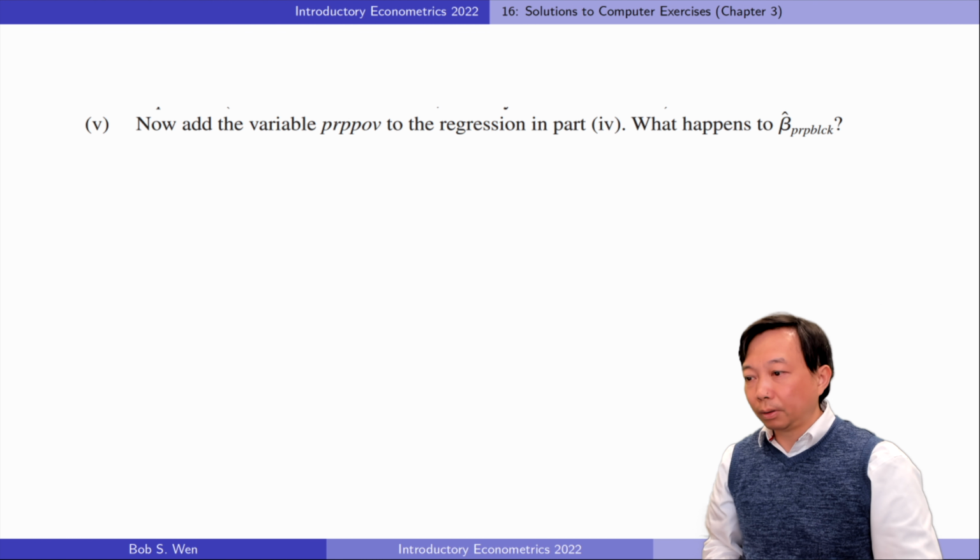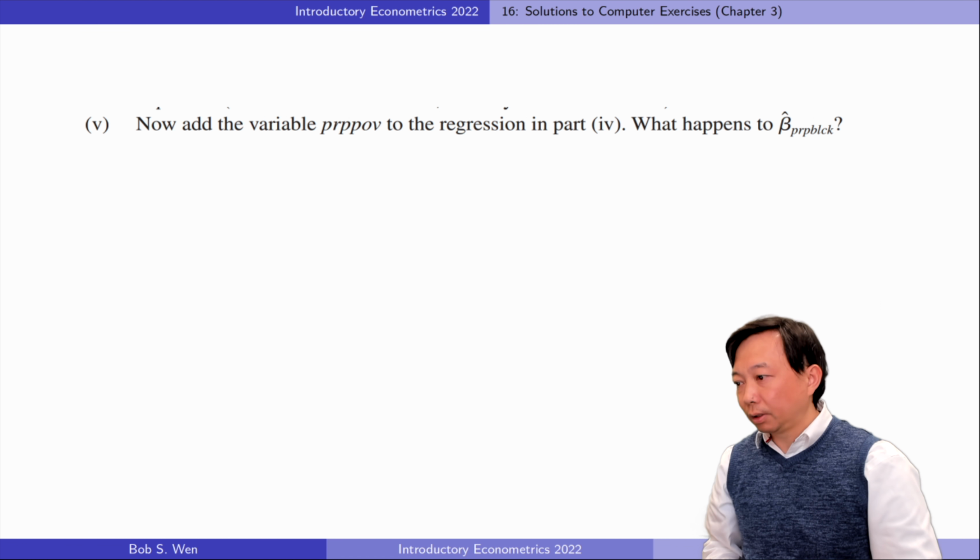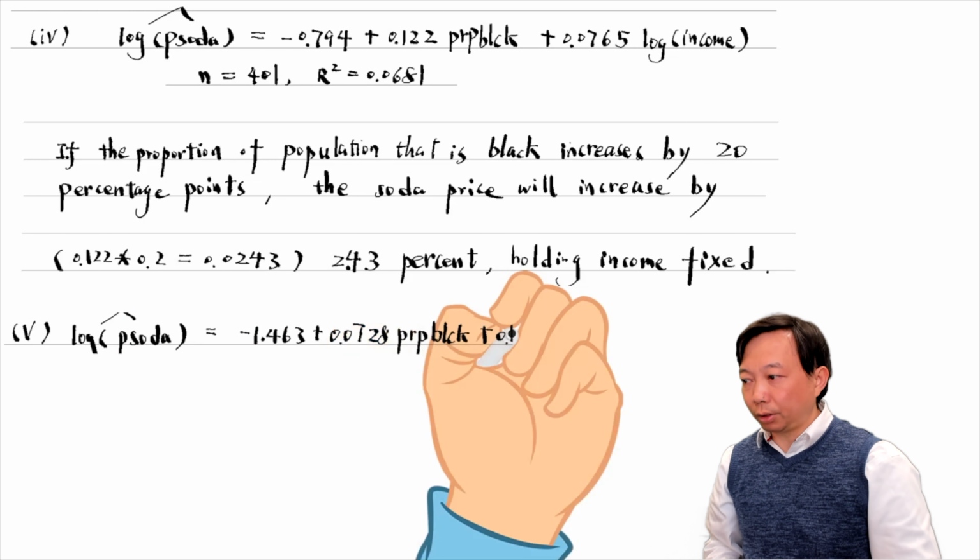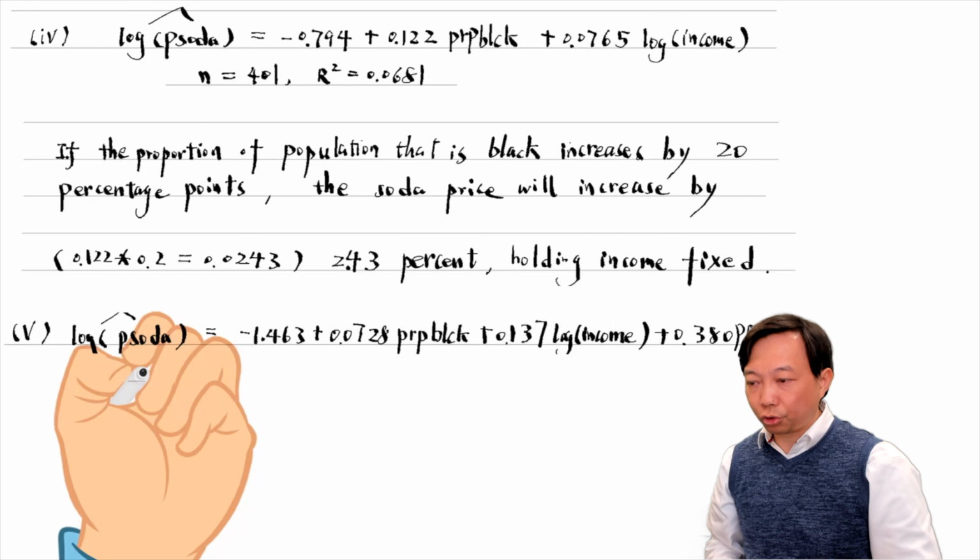After the variable proportion in poverty is added to the model, the estimate of the coefficient on black proportion drops.